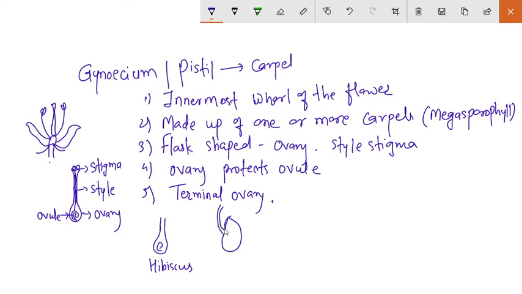That is known as the lateral style. Example, mango. Or it may be gynobasic.